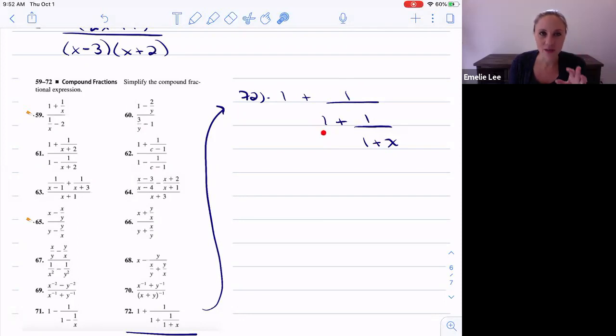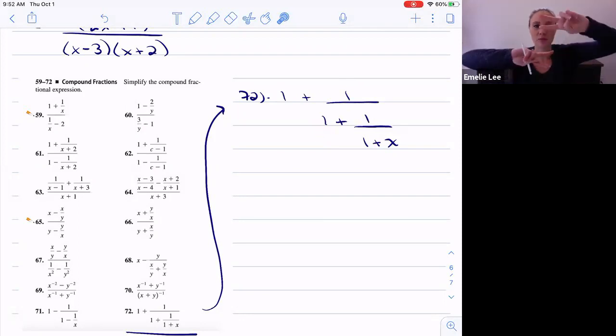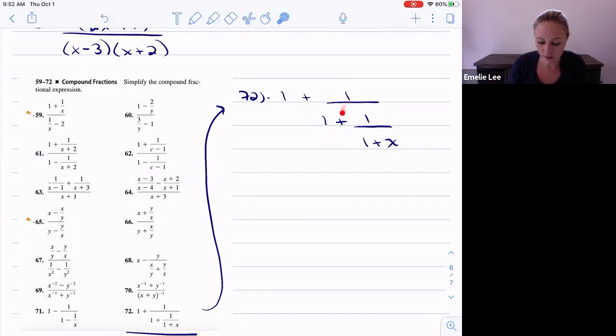A fraction over a fraction I can simplify by flipping and multiplying. And then I've got 1 plus a fraction, but I can rewrite this as 1 over 1, and so then I've got a fraction plus a fraction, meaning I need a common denominator, and then I'll be done, right? Once I have that common denominator and I simplify.